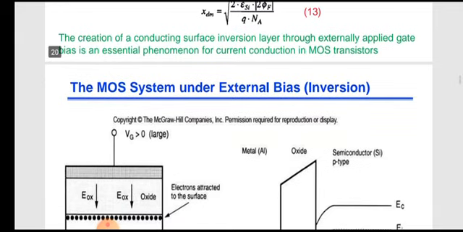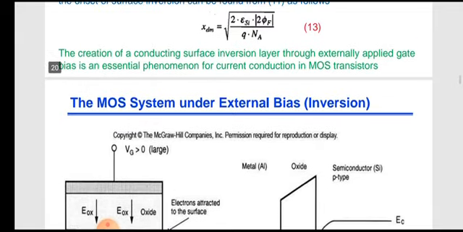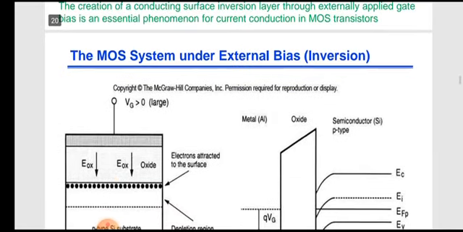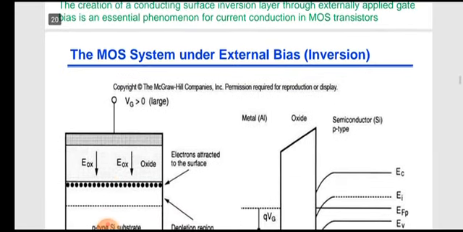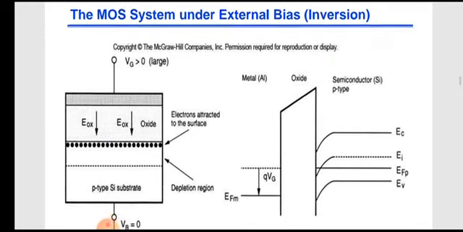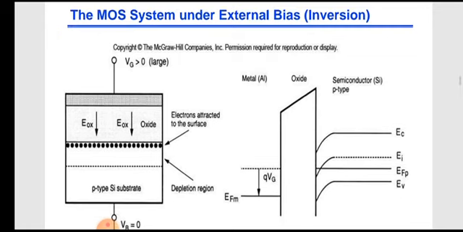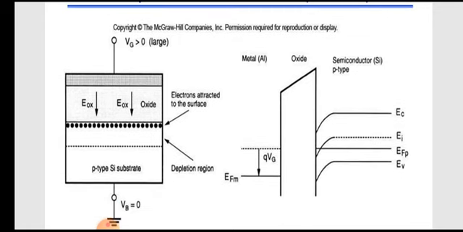The creation of a conducting surface inversion layer through an externally applied gate bias is an essential phenomenon of current conduction in the MOS. So here the pictorial representation depicts the inversion region when the gate voltage is much greater than the threshold. What exactly happens here?